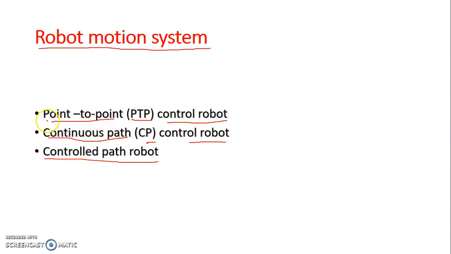Here the robot will move from one point to another point, and again to the next point. So like this, point to point control, from one point to another point it can move. And some other robots can have motion continuously. That is called the continuous path control robot. Another one is called controlled path robot. So like this, we have three different robot motion systems in the robots.